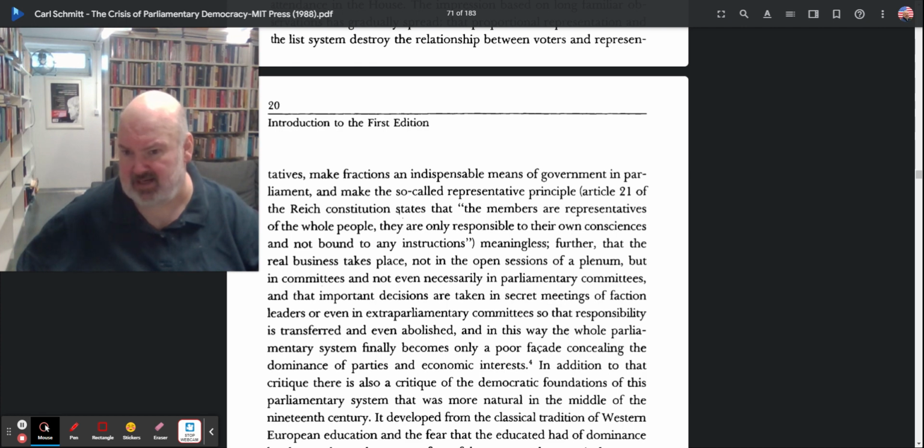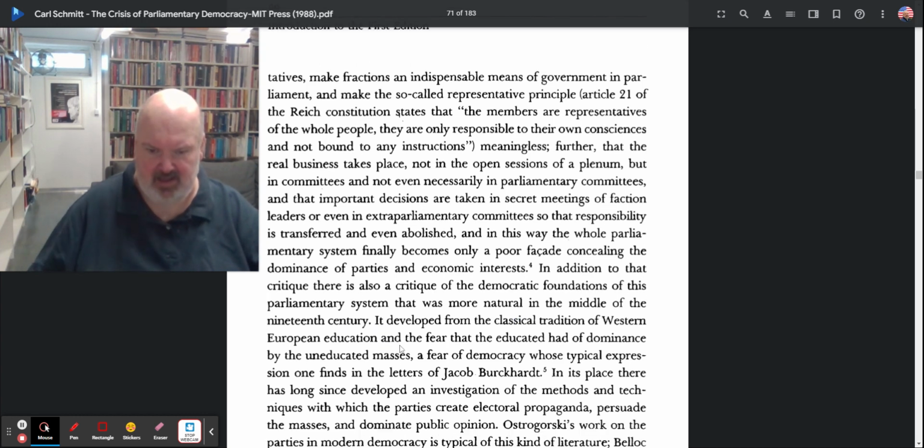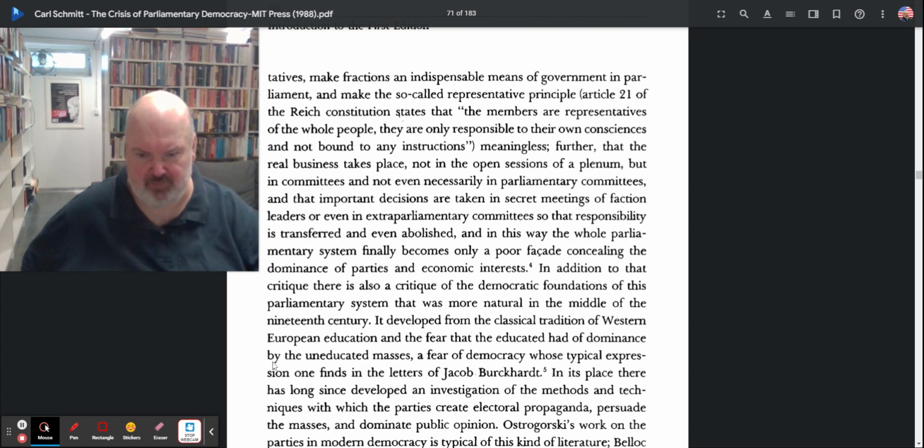In addition to the critique, there is also a critique of the democratic foundations of this parliamentary system that was more natural in the middle of the 19th century. It developed from the classical tradition of Western European education and the fear that the educated had of dominance by the uneducated masses, a fear of democracy whose typical expression one finds in the letters of Jacob Burckhardt.